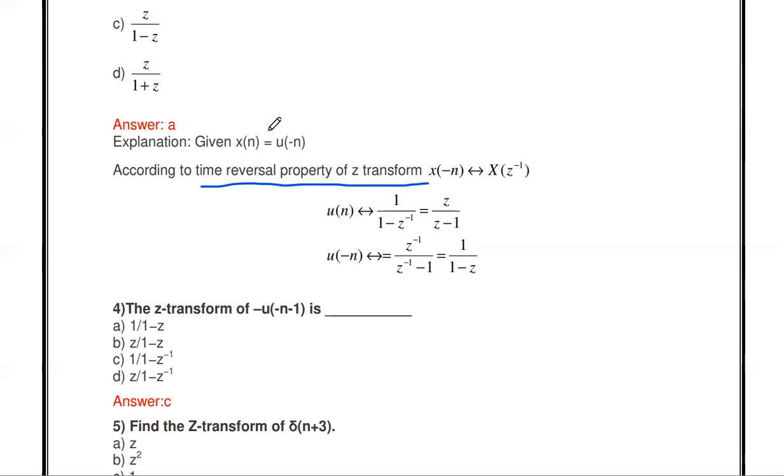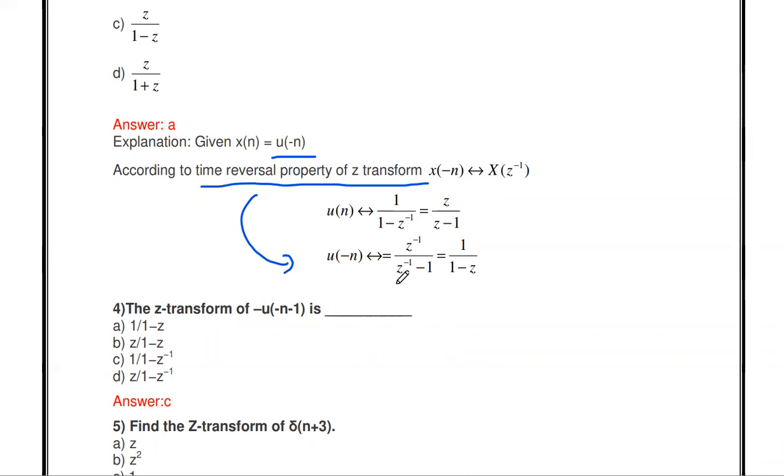Our aim is to find the Z transform of u of minus n. The base signal of u of minus n is u of n, whose Z transform is 1 by 1 minus z inverse, or z by z minus 1. According to the time reversal property, in the X of z answer we replace z by z inverse, so we get z inverse by z inverse minus 1.